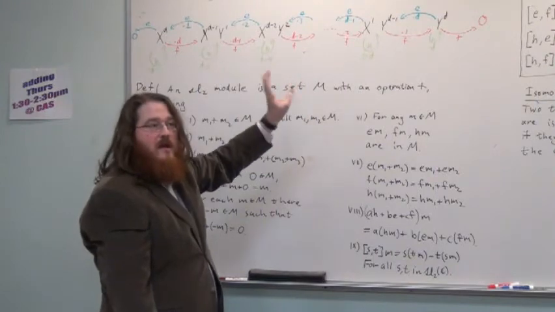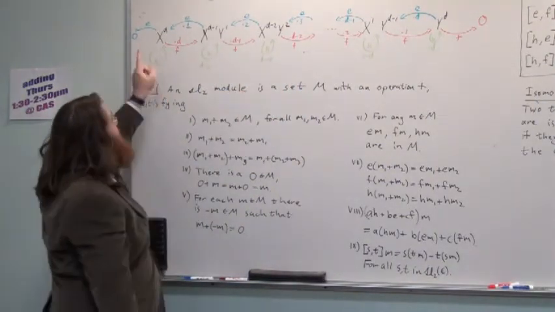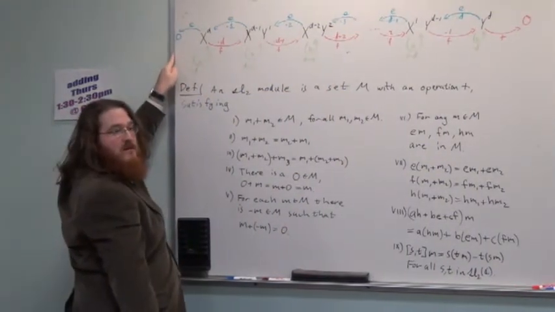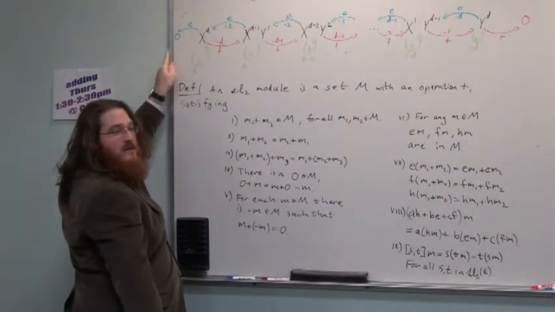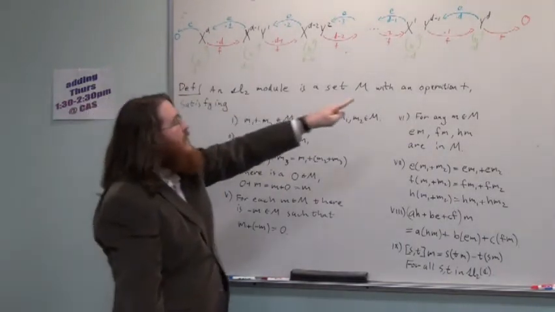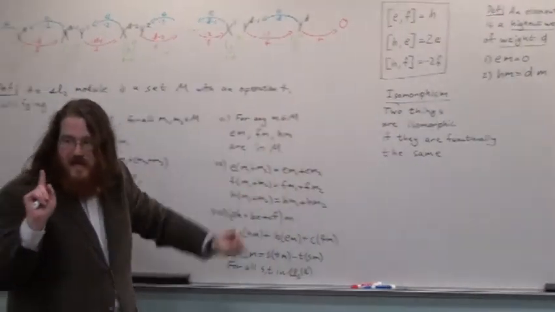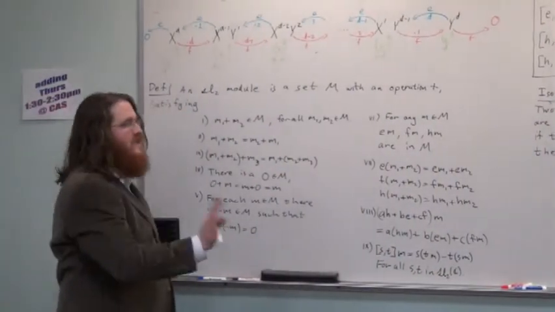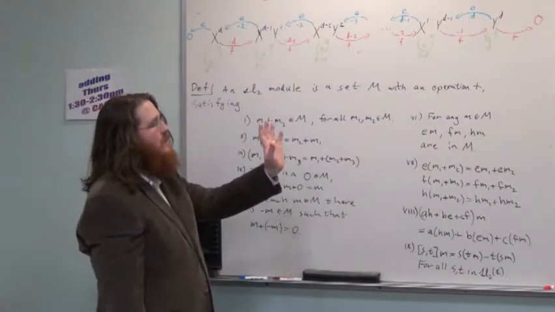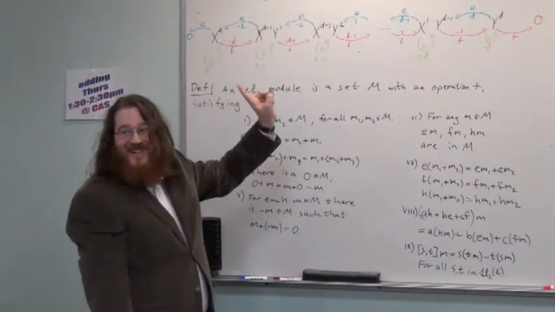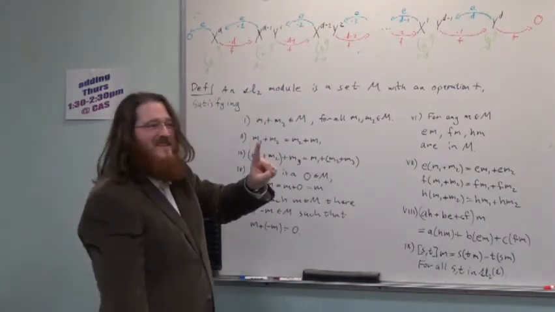Right? There are no other elements that E sends to 0. E, F kills it, not E though. Right? We're saying E annihilates, or E sends it to 0, but we haven't talked about the F action at all. And this is where things get interesting.